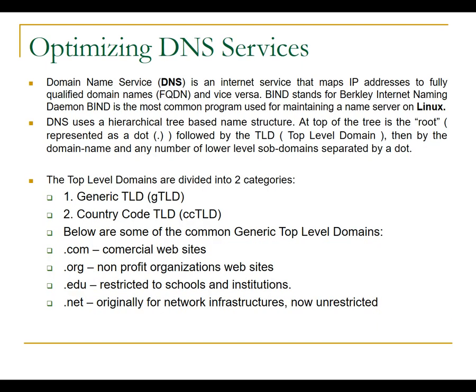Next one is DNS. The full form of DNS is Domain Name Service. This is an internet-based service which demonstrates the various extensions of a website. Generally, two types of domain are there over the internet. One is the generic domain and another is the country domain. For example, take the website www.google.com.